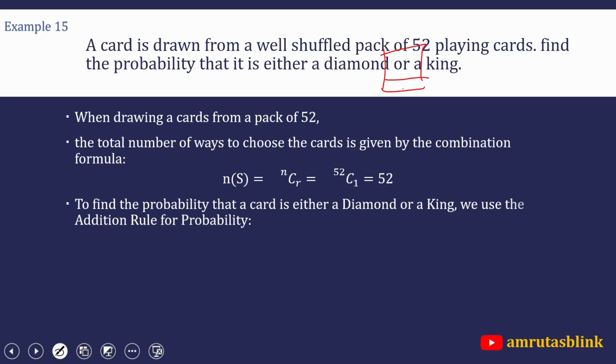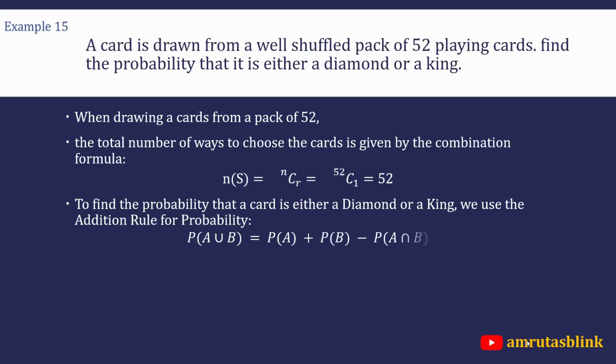To find the probability that the card is either a diamond or a king, we have to use the addition theorem, that is the addition rule of probability. Why do we have to use this? Because whenever we need to choose a diamond or a king, there is one king of diamonds which is overlapping in both cases.